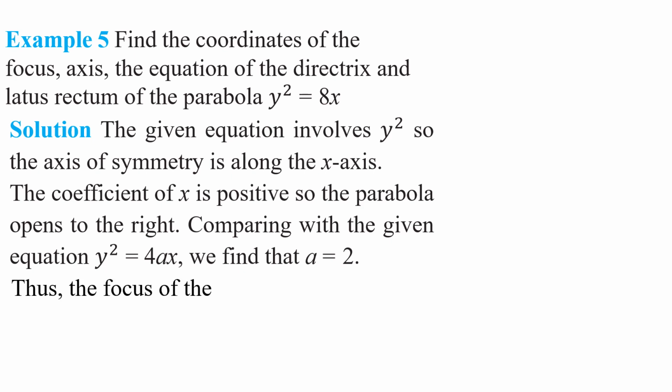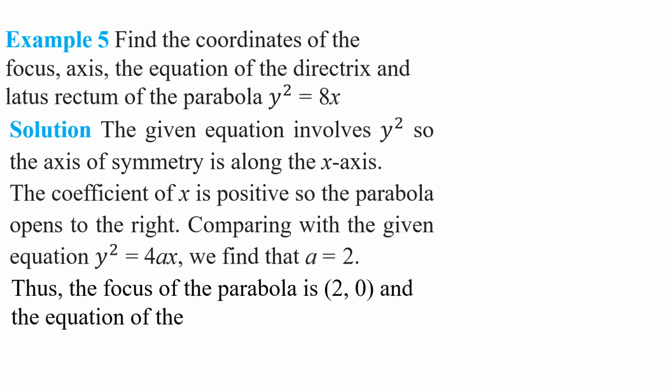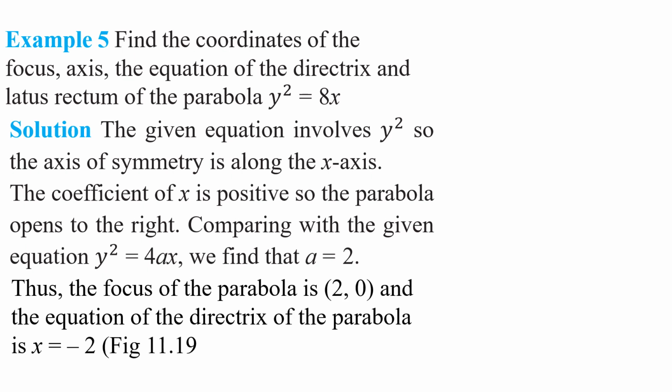Thus, the focus of the parabola is the ordered pair (a, 0), that is (2, 0), and the equation of the directrix of the parabola is x is equal to -2. See the figure 11.16, my children. To understand this concept, it has been represented graphically.